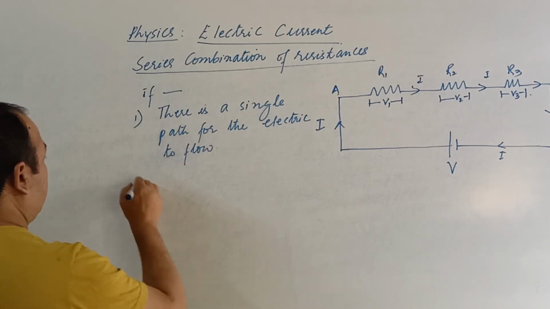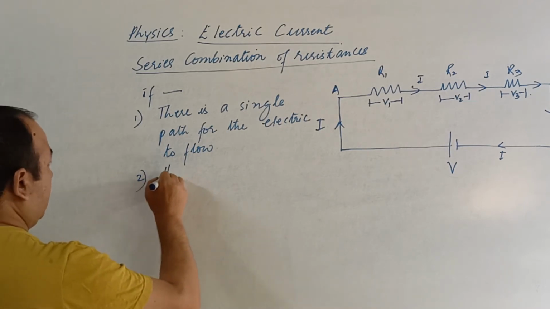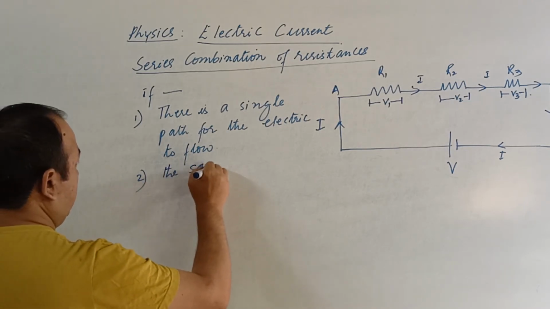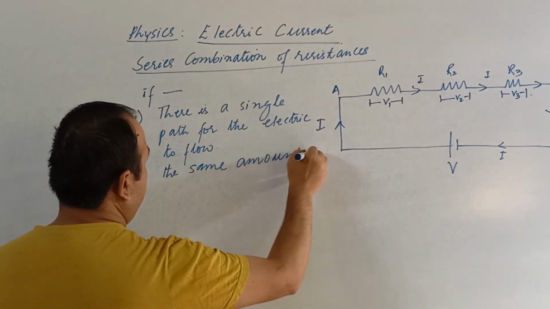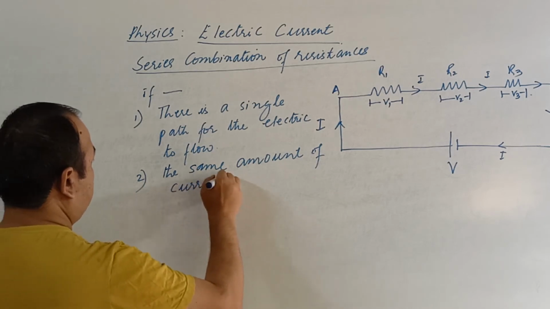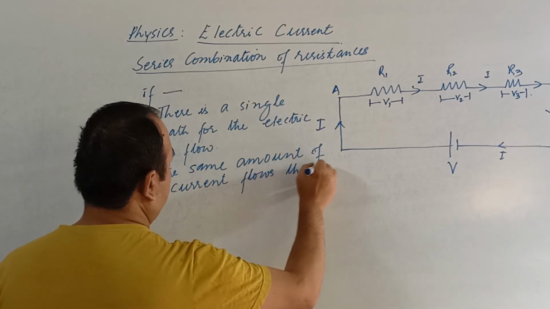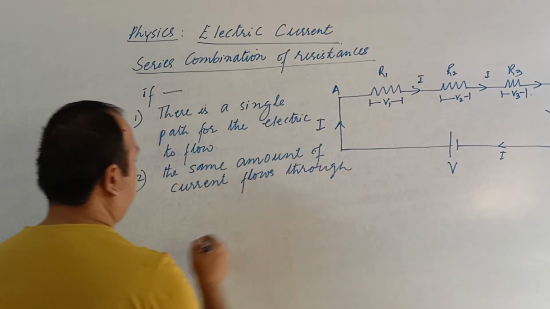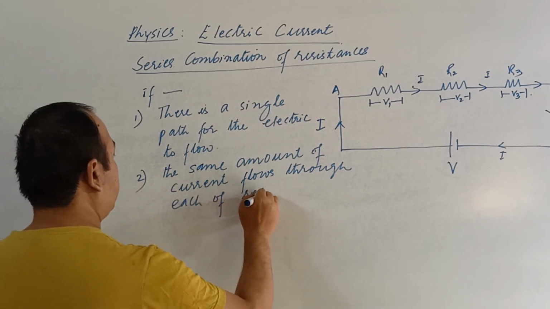The second point, if the same amount of current flows through each resistor.